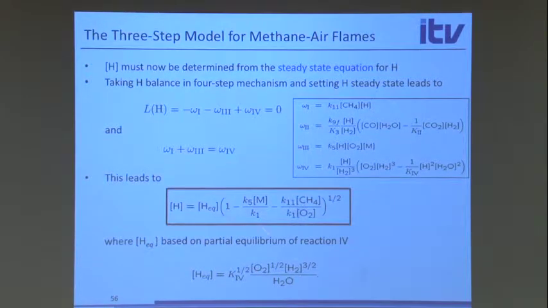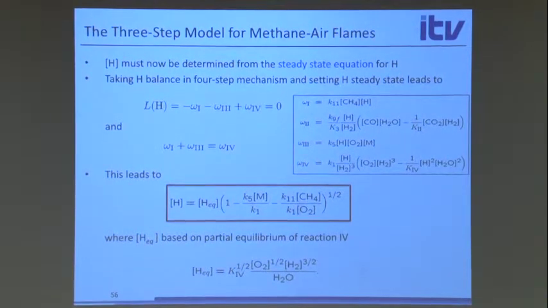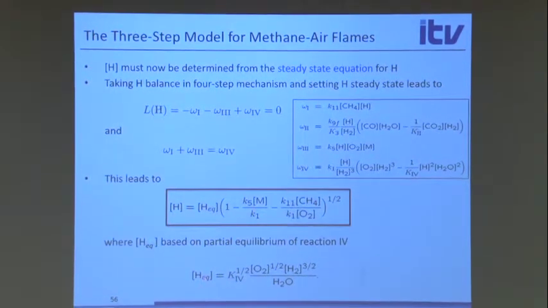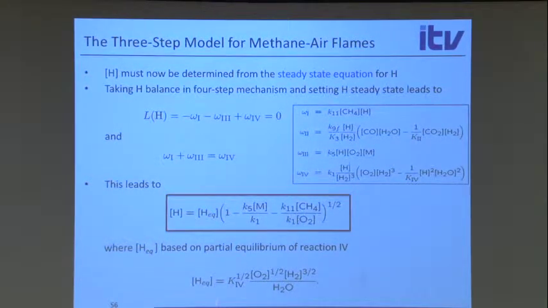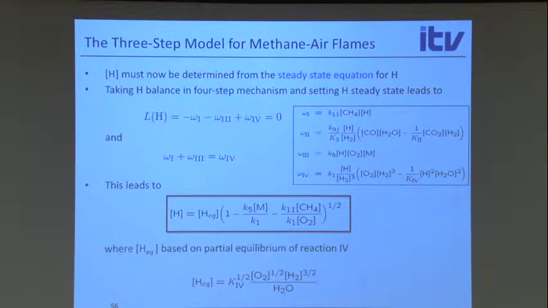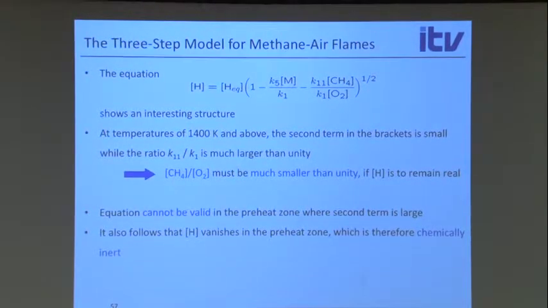At the end of the day, this is the factor in front, and by coincidence or not, this factor is equal to the equilibrium concentration of hydrogen if reaction 4 was in equilibrium. But just look at this as an abbreviation for this term. Okay, so now this is interesting because we can try to understand what happens to hydrogen.